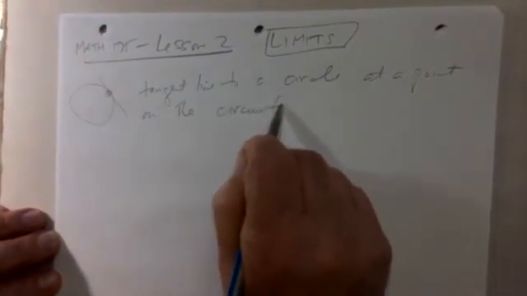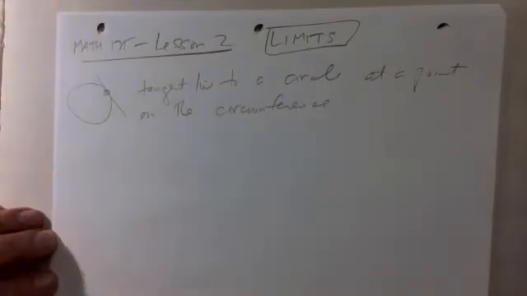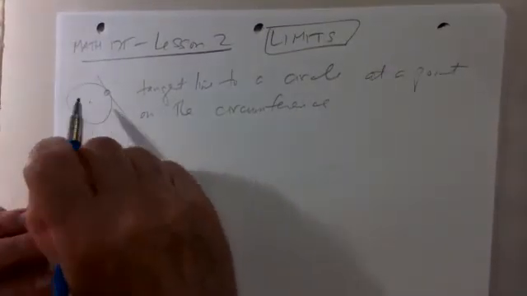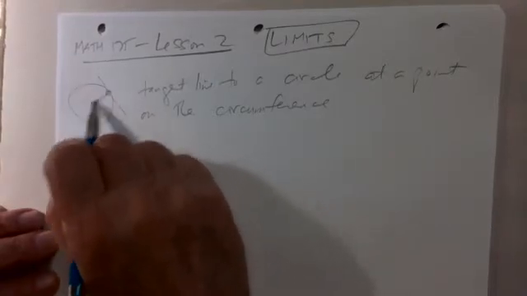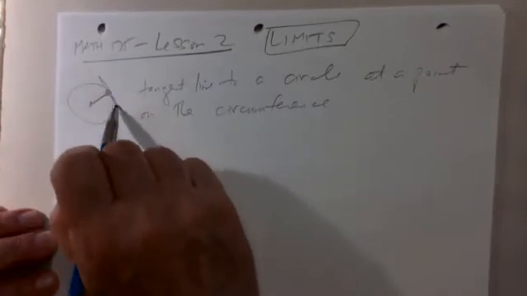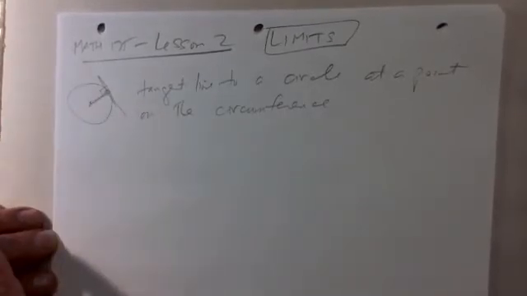In high school or somewhere, you learn about circles, and you have the idea of a tangent line to a circle at a point on the circumference. And in geometry, you learn a lot about tangent lines. If you take the center of the circle, for example, and you draw the radius from the center to a point on the circumference, the tangent line is the unique line perpendicular to the radius.